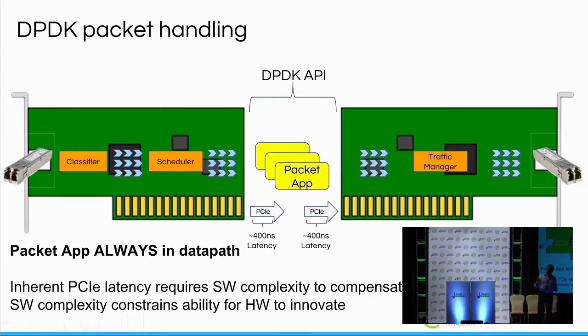Now, of course, if you know the exact card, if it's a smart NIC, you may design your own PMD and tweak things, leveraging the hardware capabilities, but then that's not portable. And even to build it requires deep hardware knowledge.